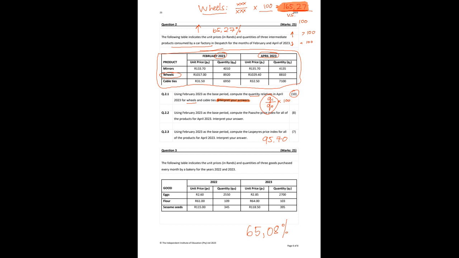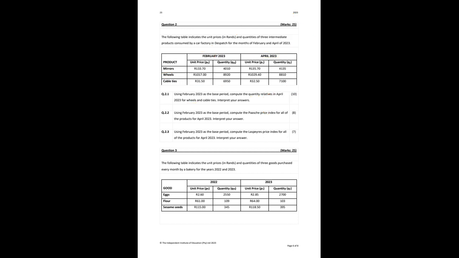Then you have the next one saying to you to calculate the partial price index for all of the products for April 2023, and again, interpret your answer. So here, your partial price index is firstly your weighted.